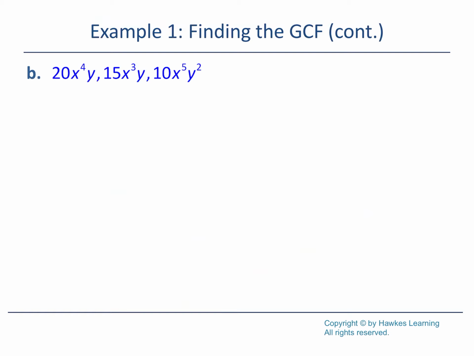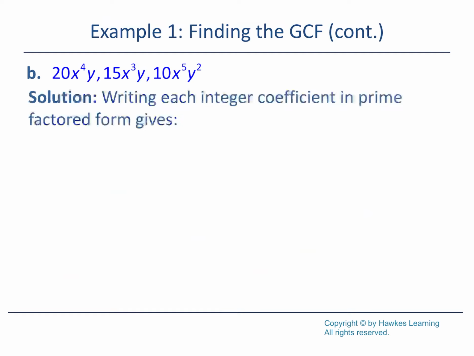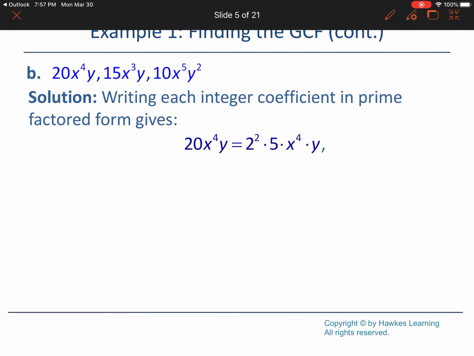All right, so here's one that has variables with it. So you still look at the numbers the same way. 20 x to the fourth y, if we factor that 20, that's going to be our 2 squared and 5, right?